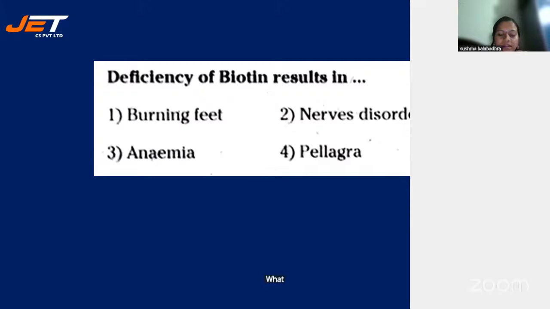What is the correct answer? It is a vitamin. Deficiency of biotin. Which vitamin? Can anybody answer? Everyone, answer. What is the name of this vitamin? Biotin. Correct answer, right? Rishi, Navatesh, very good. Which vitamin, Nana? Biotin? Can anybody say?